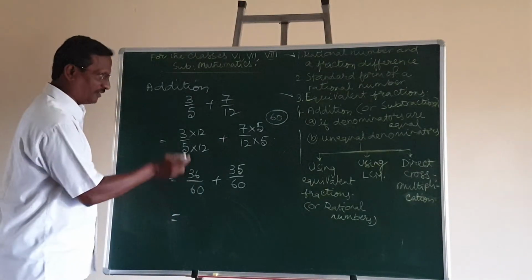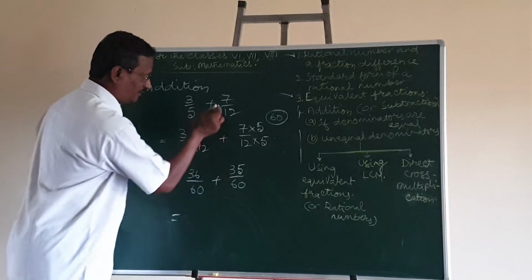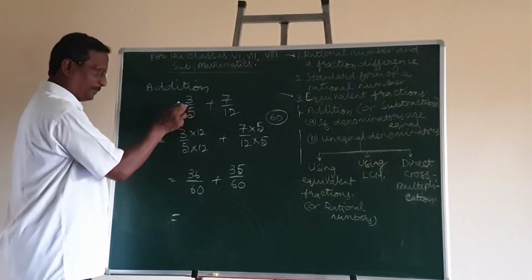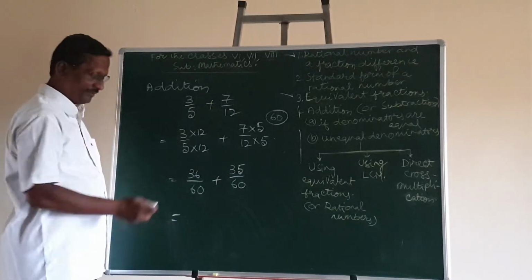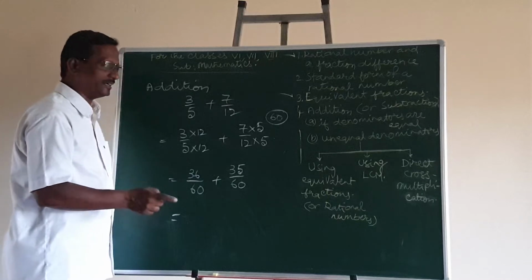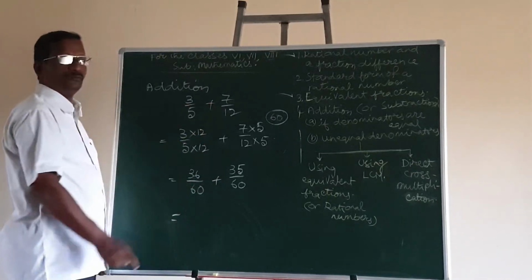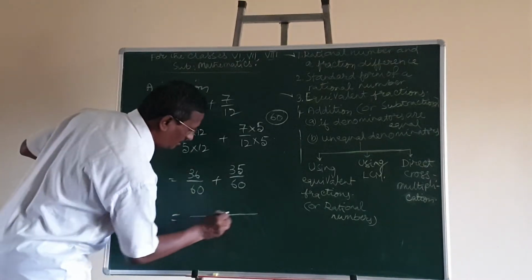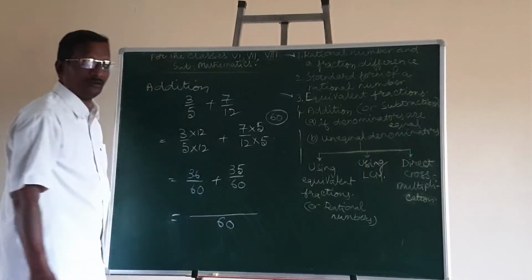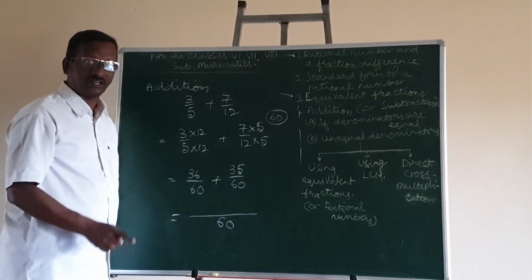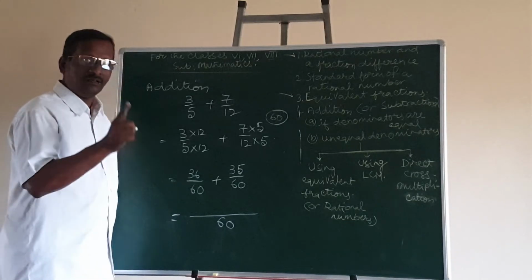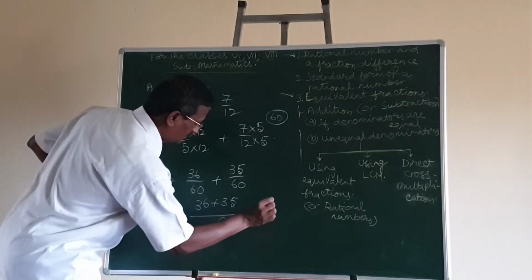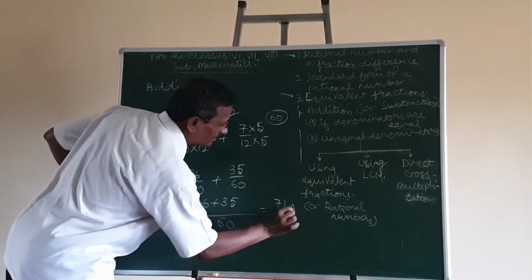In fact, this is the equivalent fraction of 3 upon 5, and this is the equivalent fraction of 7 upon 12. Equivalent fractions are equal, so the sum is exactly the same as when we add the two given fractions. Here denominators are equal, so take the common denominator 60 and add only in the numerators. 36 plus 35 is 71 upon 60, the answer.